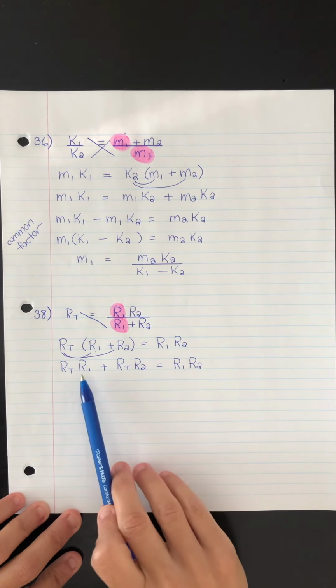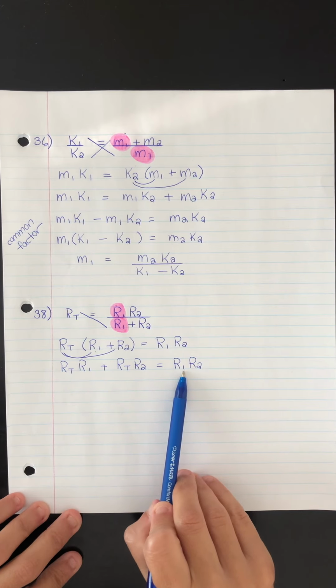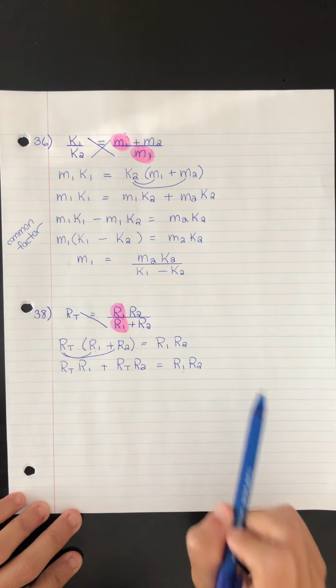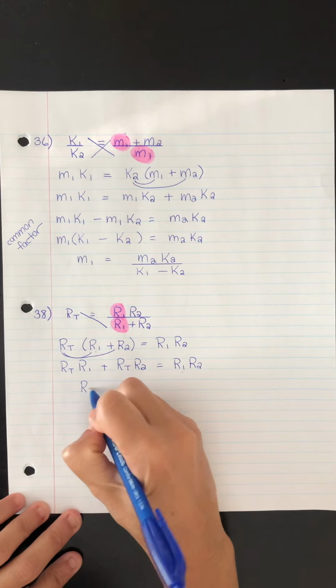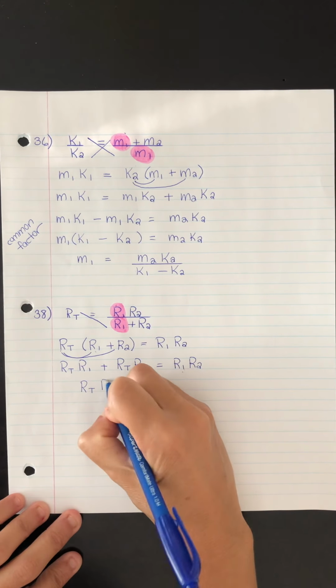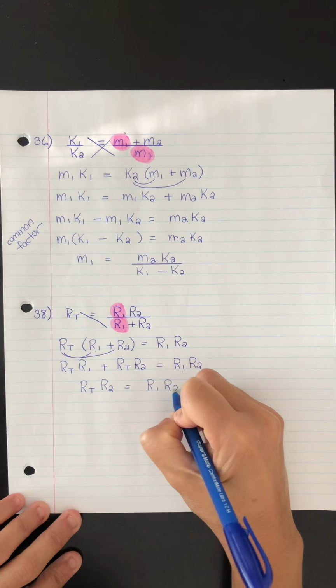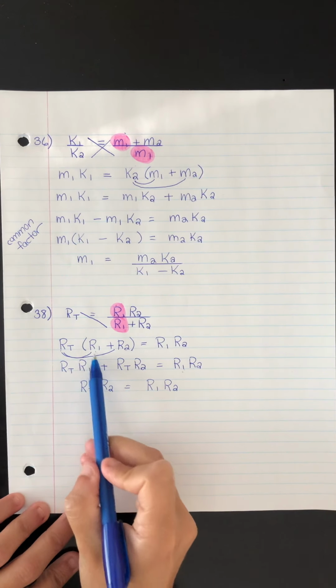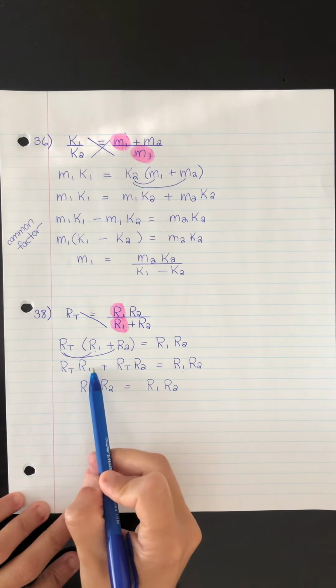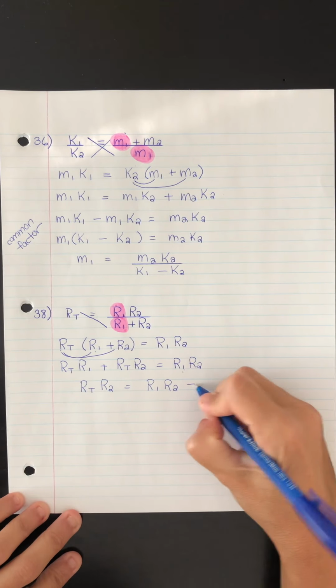So I think I'll take the terms containing R1 and put them on the right side. So this term can stay where it is. This term can stay where it is. The only term moving is this one. When it moves to the right side, it will be subtracted.